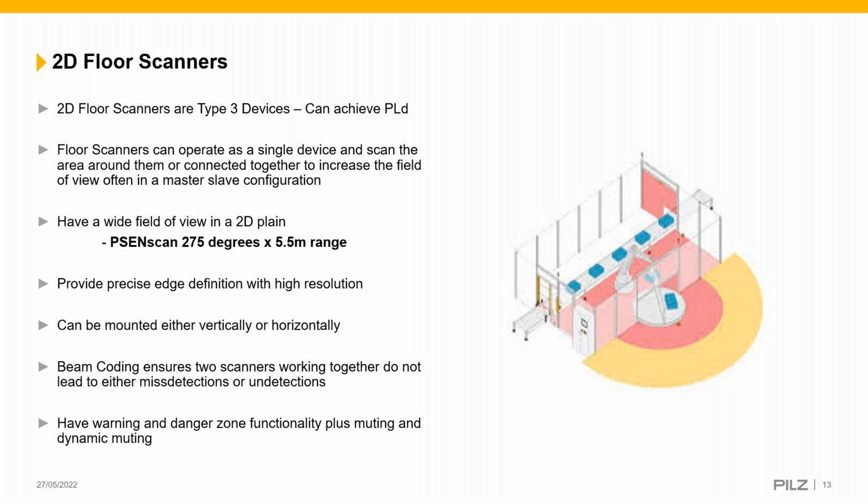So they can look in the horizontal and vertical planes. When you're seriesing many together to create a larger working area, again, they can be coded as per the light curtains, so you don't have any misdetections or even undetections, which will be the worst case scenario.